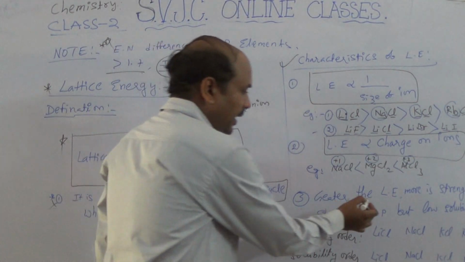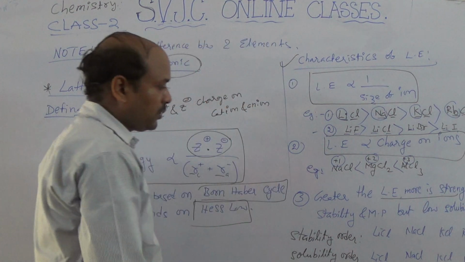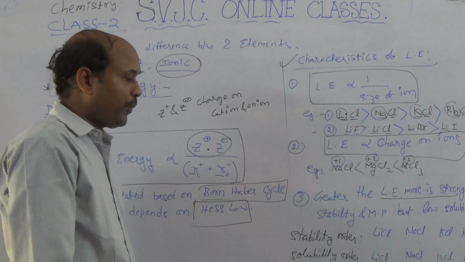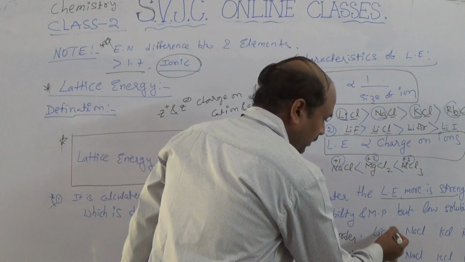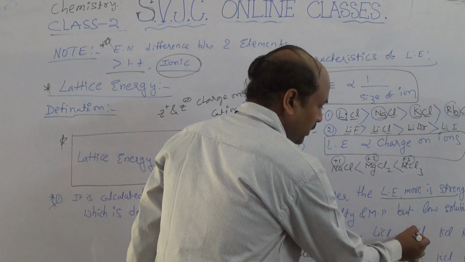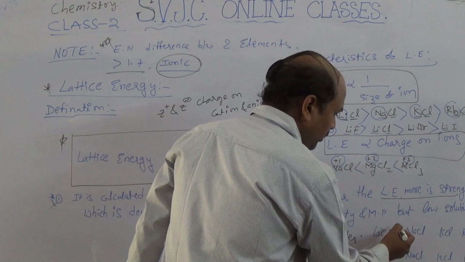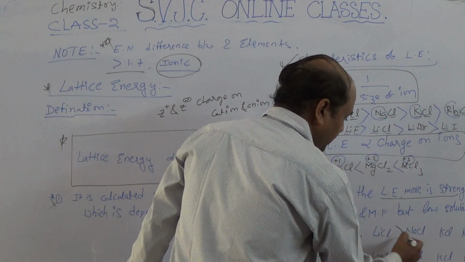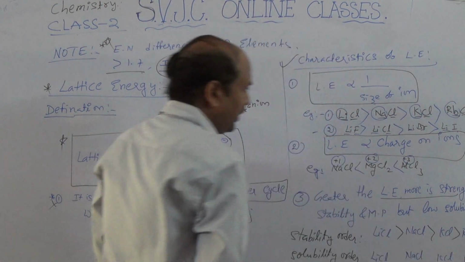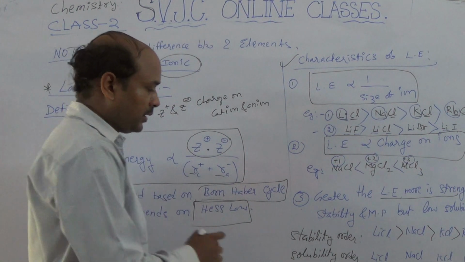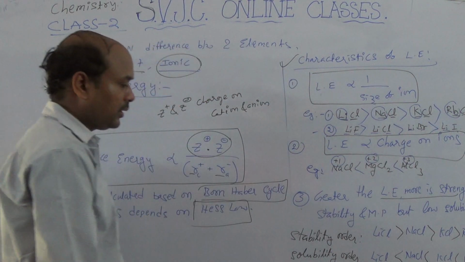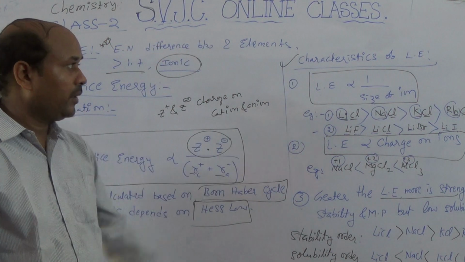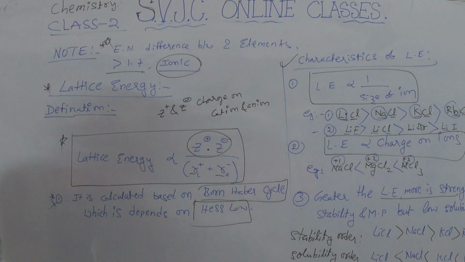Lattice energy is directly proportional to strength, stability, and melting point. So which one is more stable? Lithium chloride, then sodium chloride, then potassium chloride, then rubidium chloride. So the stability order is like this. And here solubility is reversed. So which one is more soluble? Rubidium chloride is more soluble. So these are very important characteristics of lattice energy.